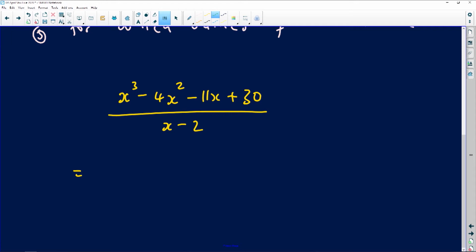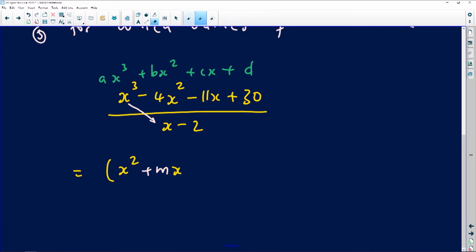Remember, your cubic is in the form ax cubed plus bx squared plus cx plus d. So you divide the first guy with the first guy. So what is x cubed divided by x? That will give you x squared. And then, like I said before, there's a monkey hidden in the middle. There's an mx term hidden in the middle, which we need to calculate. And then you go to the last one.